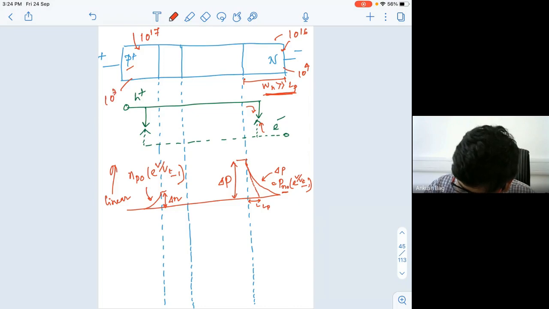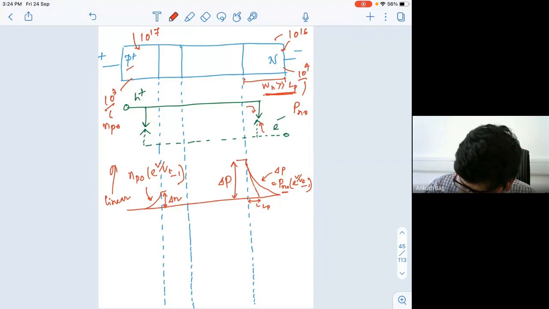So that means this 10 to the power 3 or 10 to the power 4 is nothing but the Np naught and this is the Pn naught. And that is why, before this exponential term, we have this multiplier Pn naught and Np naught.